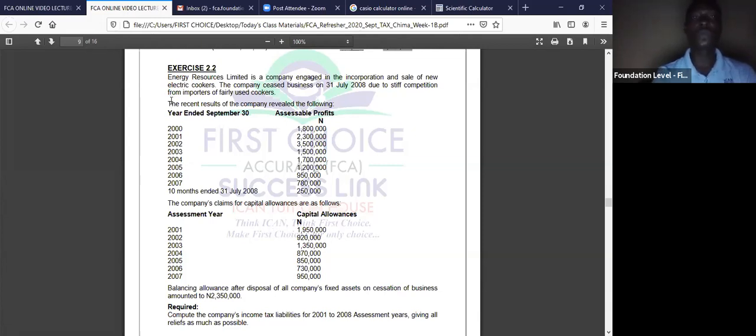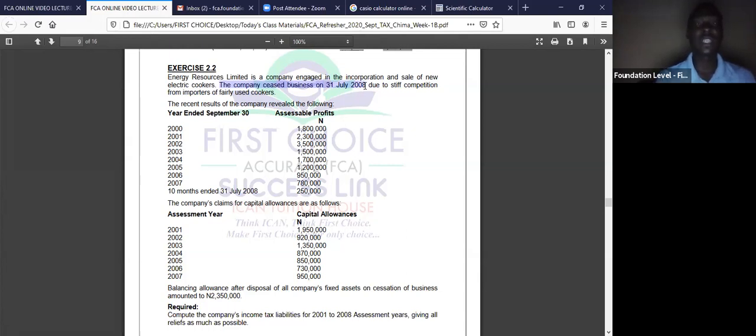But what we will do is that on Saturday, when we have our 3rd class, we are going to take this exercise 2.2 because I want to show you what happens in capital allowance when a business ceases.